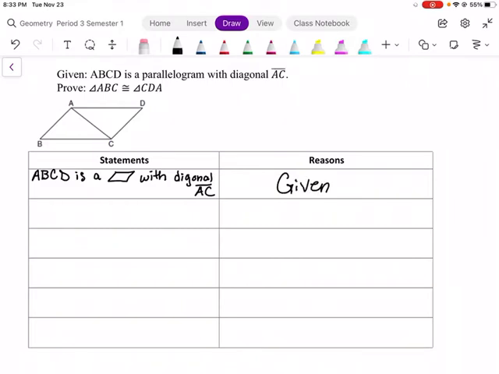Great. Once you have your given information, then we're going to take a look at what we are trying to prove. In this one, we're trying to prove that triangle ABC is congruent to triangle CDA.